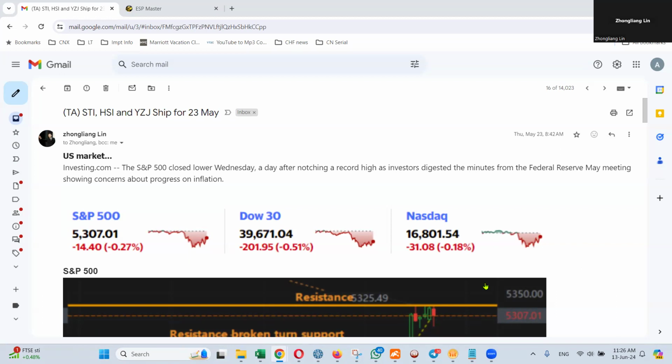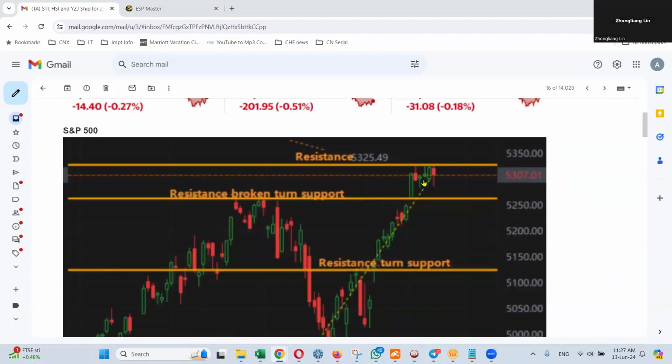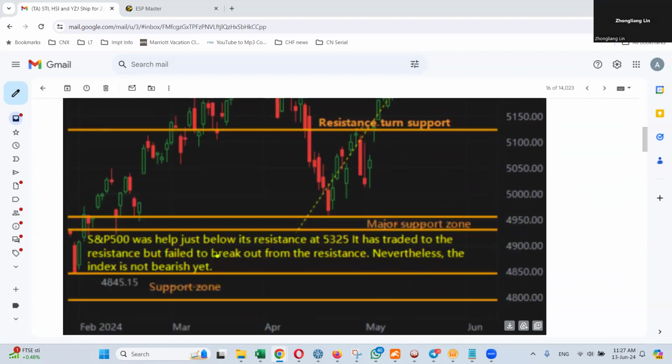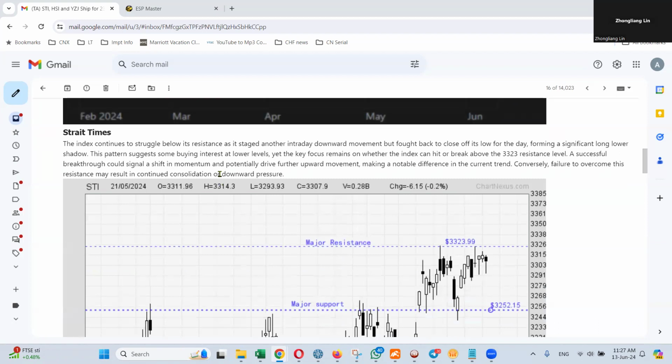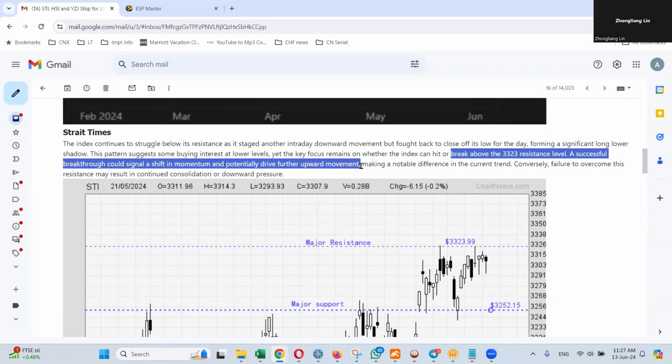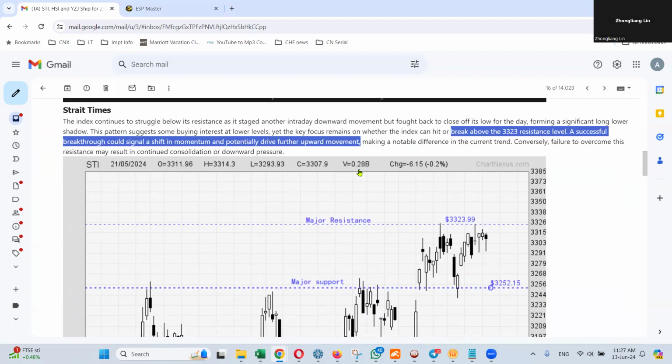So we left off, we stopped at 23rd May. And then I mentioned that S&P 500 got resisted by the resistance at 5325, but nevertheless, it's not bearish yet. And then we are looking at STI to break above the 3323 resistance, where it can successfully go higher if you break out from that major resistance.